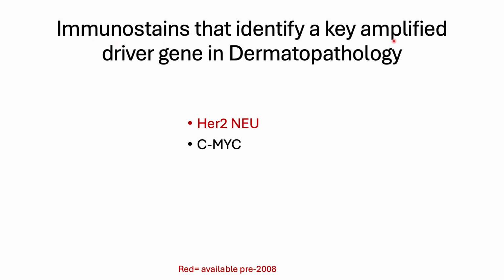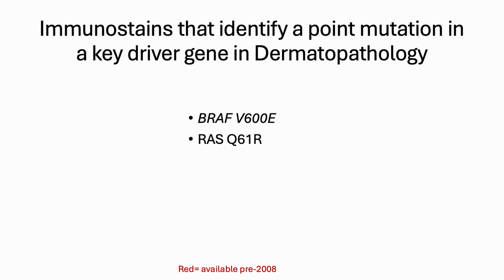This is a list of immunoassays that identify key amplified driver genes in dermatopathology, and I've listed HER2 that we can use for metastatic breast cancer, and c-MYC that we can use for post-irradiation angiosarcoma and also lymphedema-associated angiosarcoma. Here are immunostains that can be used to identify a point mutation in a key driver.